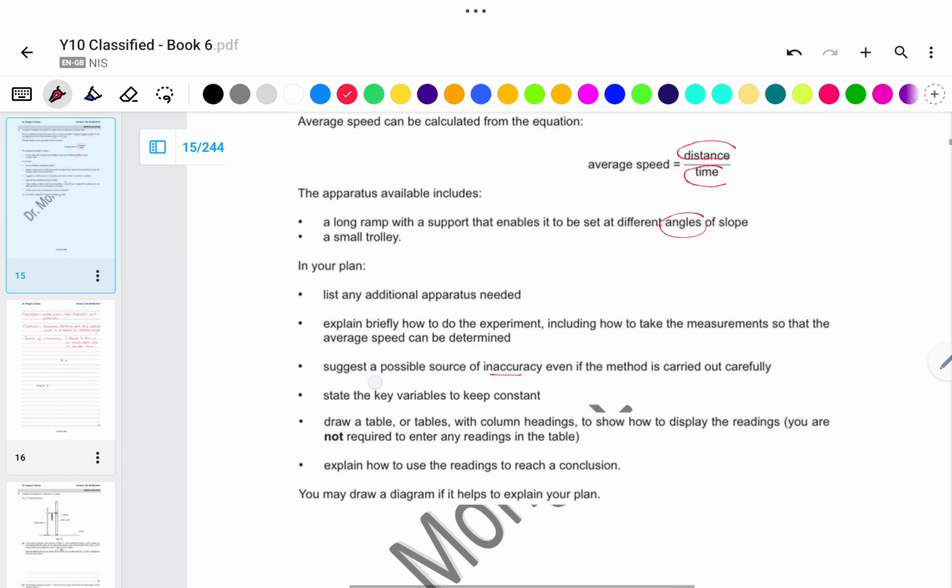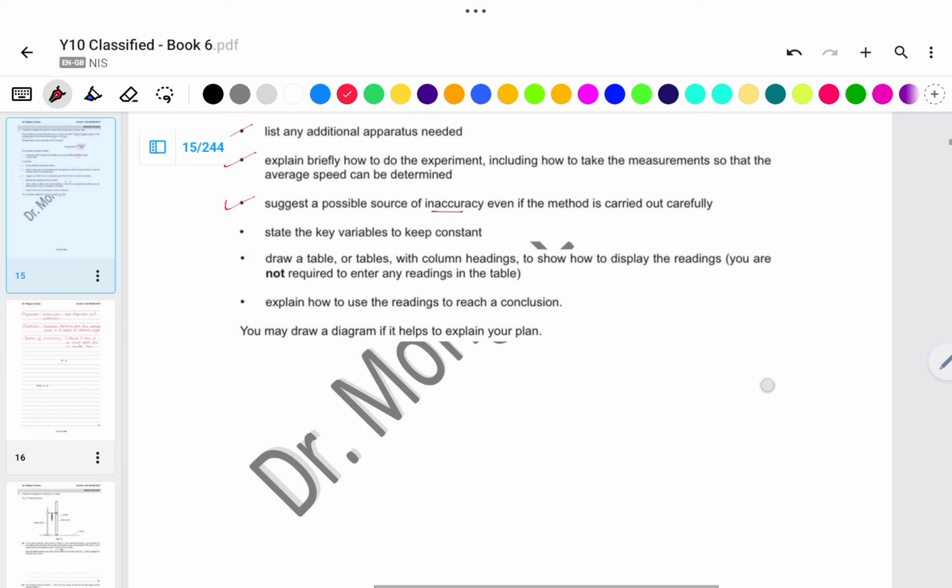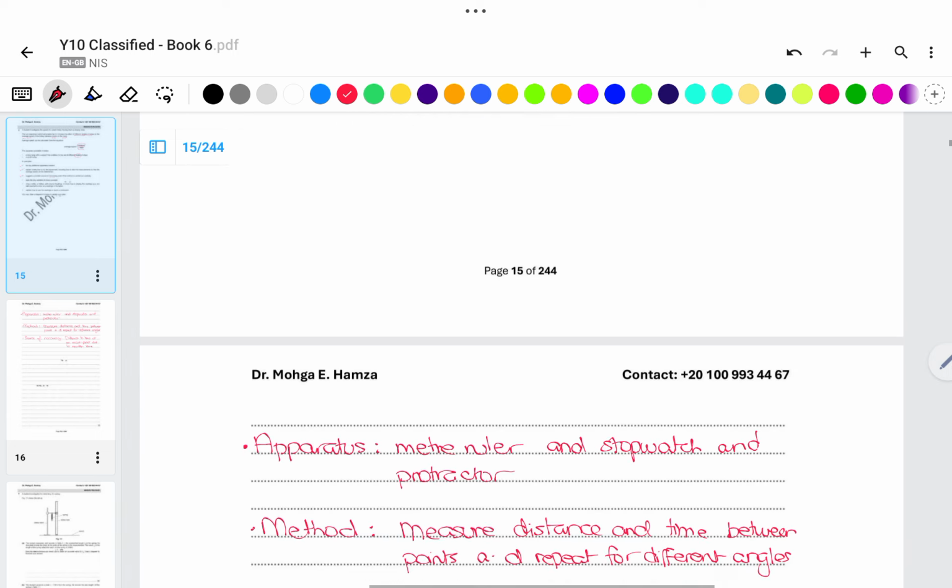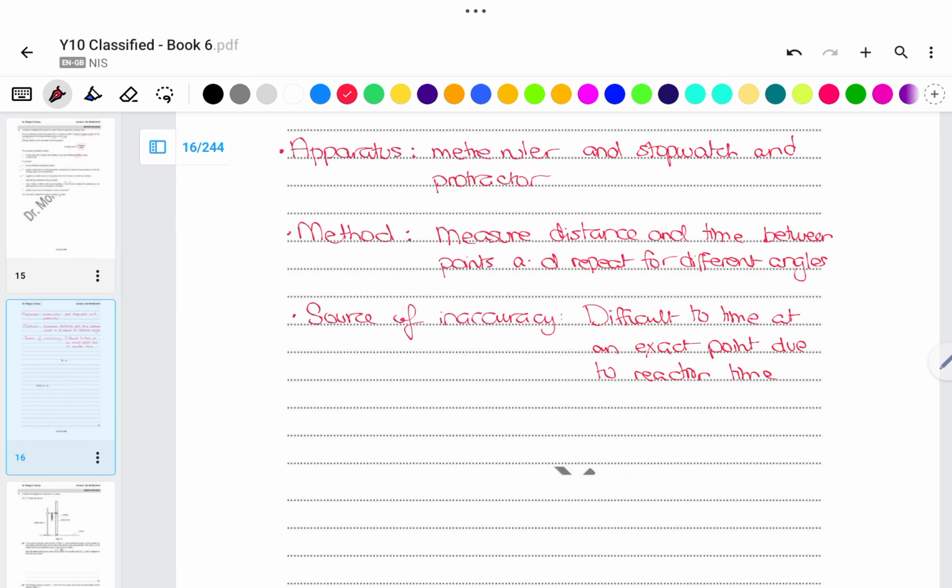So this one's done, this one's done, this one's done. State the key variables to keep constant. Oh, that's easy. Constant, so we're talking about our control variable.